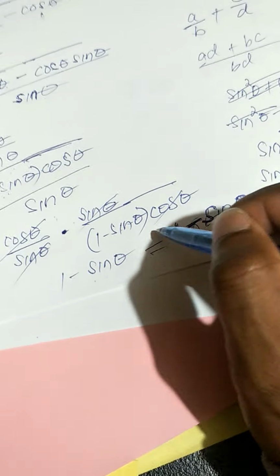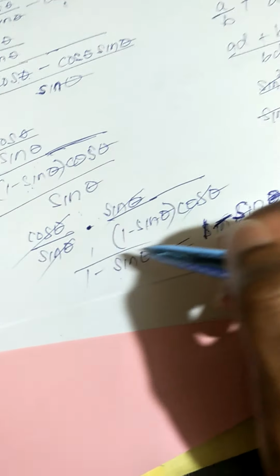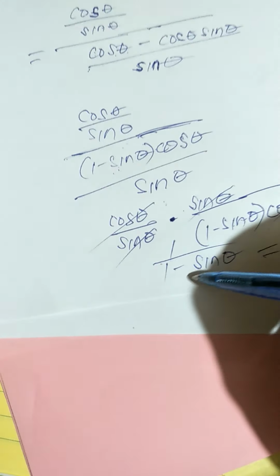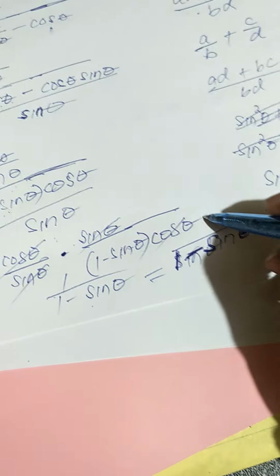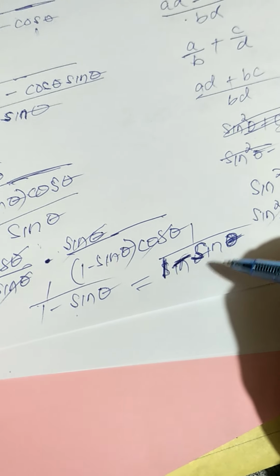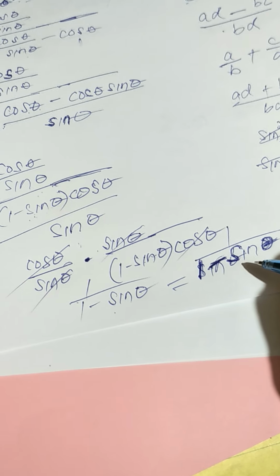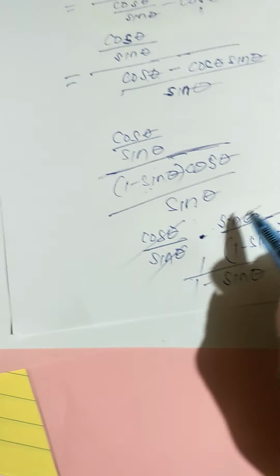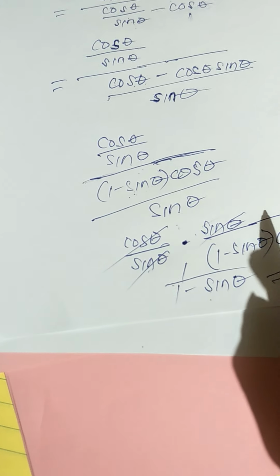So I know that, sorry, this is 1 all over sin theta. This is 1 all over sin theta. 1 all over 1 minus sin theta. Okay, because as I cancel, this one will go, this one will go.